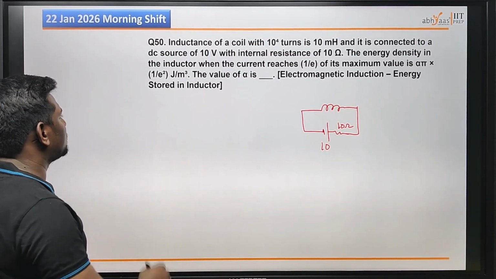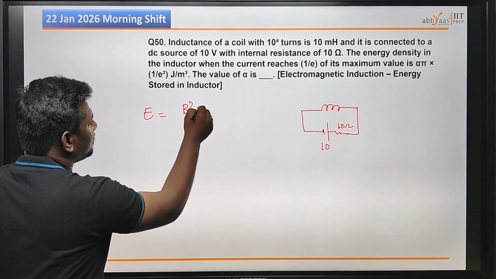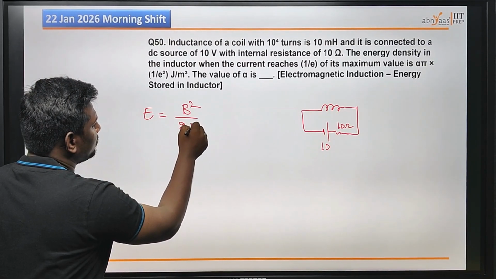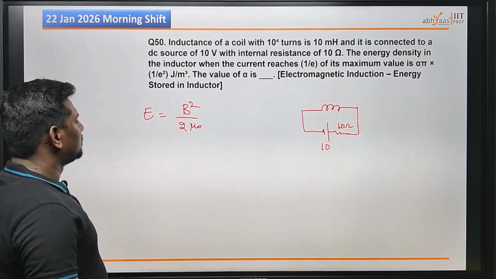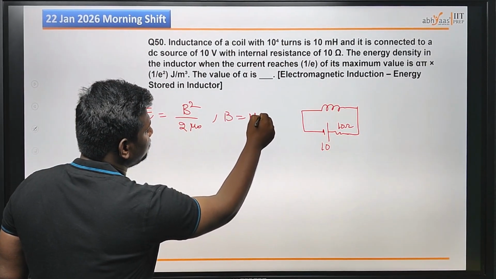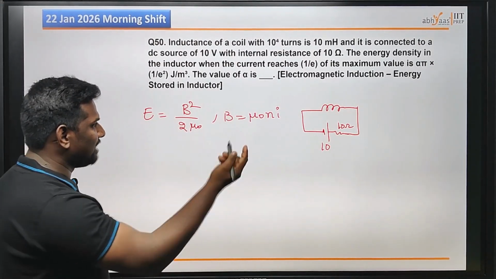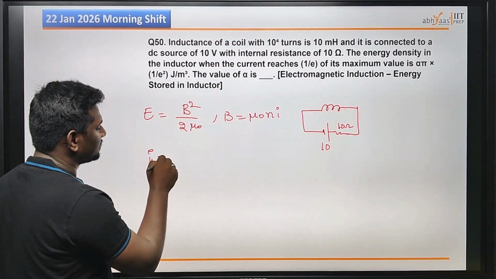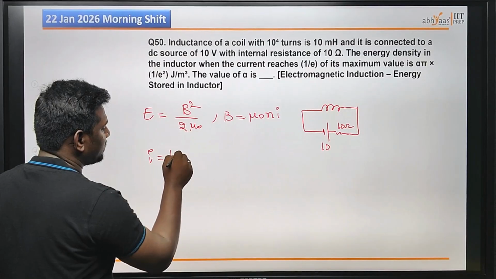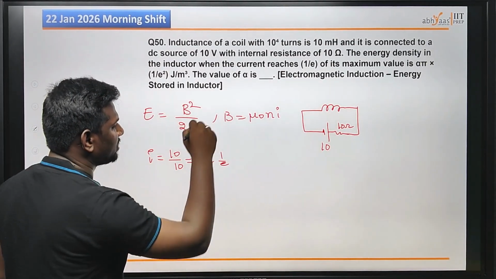What is the formula for energy density? Energy density is nothing but B square by 2 mu naught. What is the value of B? B is nothing but mu naught N i. What is the i value? I can be written as voltage 10 by 10, that is the maximum one, and the current is 1 by e of it.